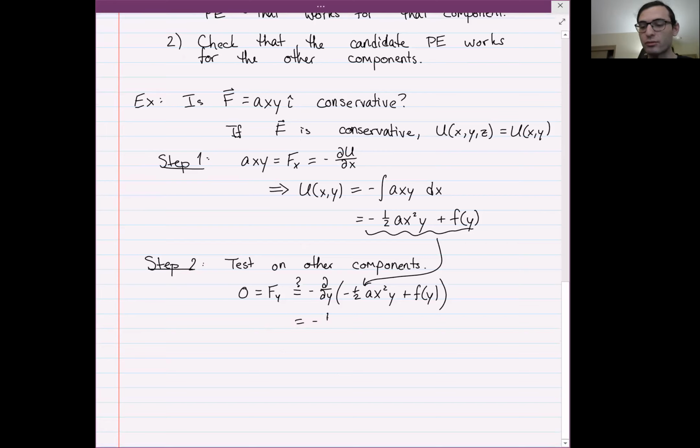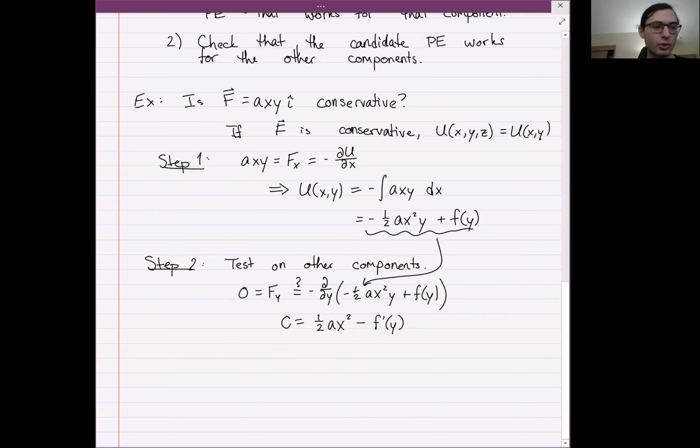And so we can just do this partial derivative. This would give 1/2 ax squared, because we take the derivative of ax squared y, treating x like a constant. And then we have minus f prime of y. That prime just means derivative, because y is only one variable, so it's not vague what the prime means. It just means derivative of that function.